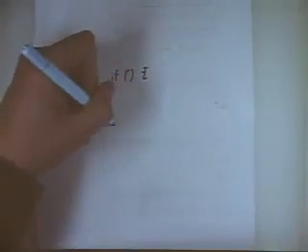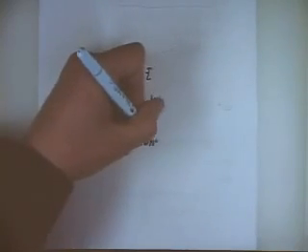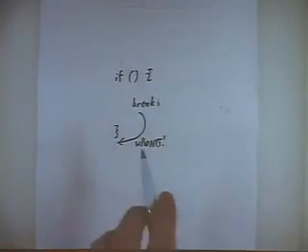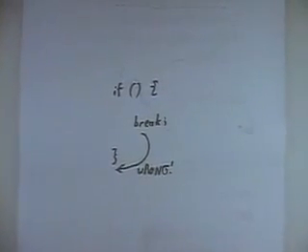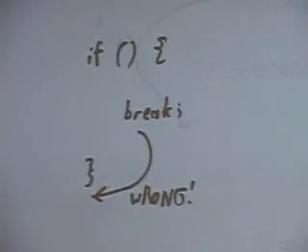If you have an if statement like this, you have to remember that break is not going to jump to the end of the if statement. It's going to look for a switch statement or a loop. So this is not how it works.